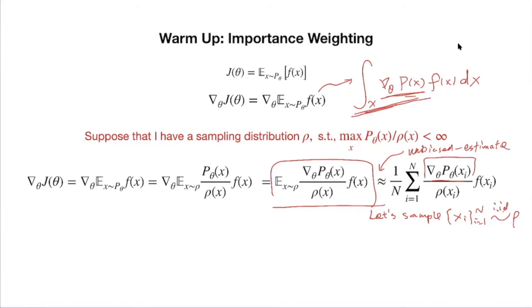Think about implementing this P theta in TensorFlow. You can compute the gradient using backpropagation for any point. But you cannot rely on TensorFlow to do the integral for you, because in a lot of cases it exists but you cannot compute it exactly. But in this simple formulation, just sample n points, ask TensorFlow or PyTorch to compute the gradient for these n points in parallel, and average them together. You're good to go.